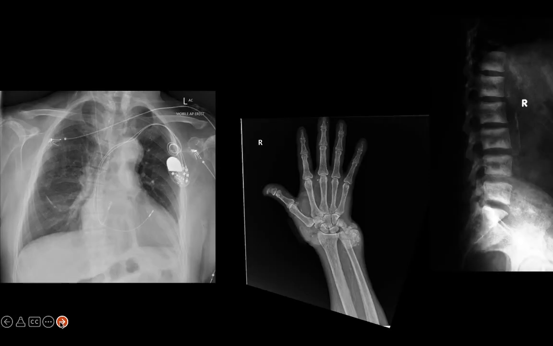Now here's an example of the most common manifestations of hyperparathyroidism. Now remember, hyperparathyroidism stimulates the release of calcium into the blood. And the best reservoir we have for calcium is the skeleton.